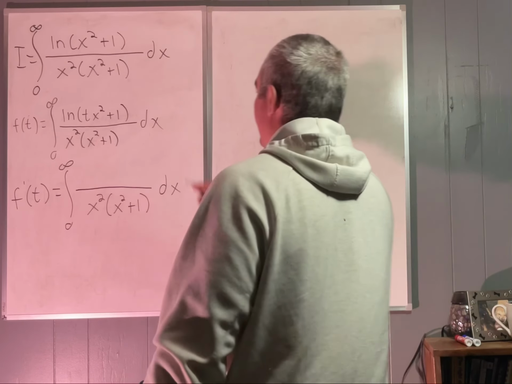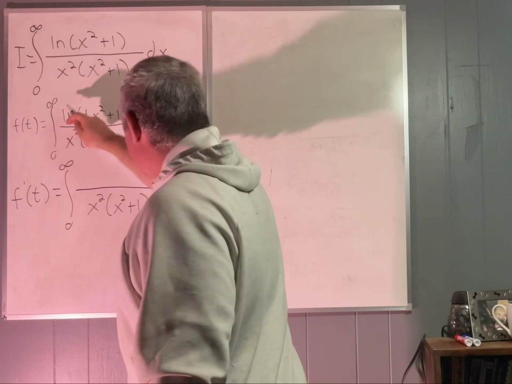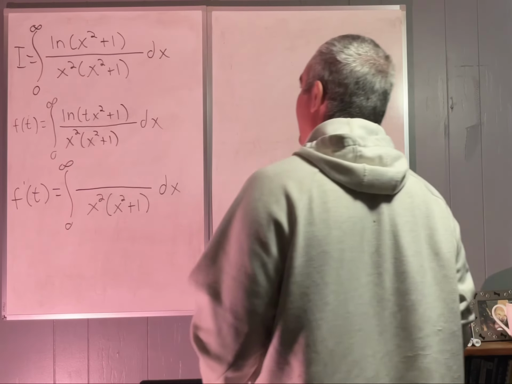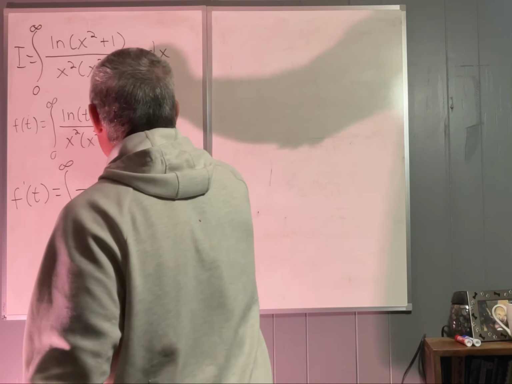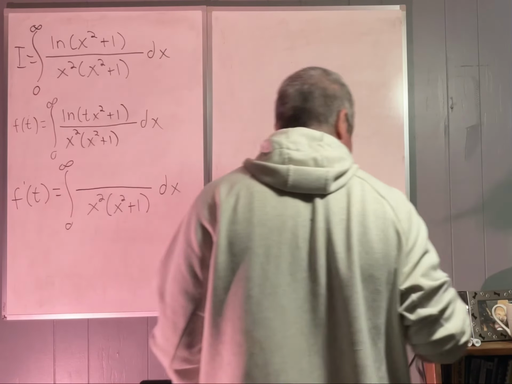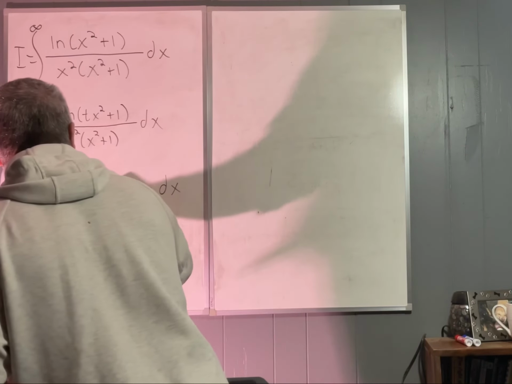When you take the partial with respect to t of the natural log of tx squared plus 1, you will get back an x squared, canceling out this x squared.